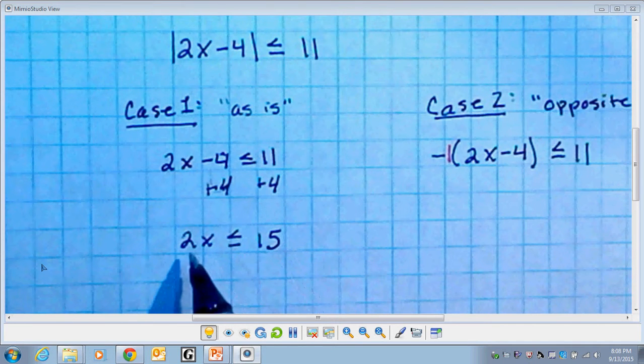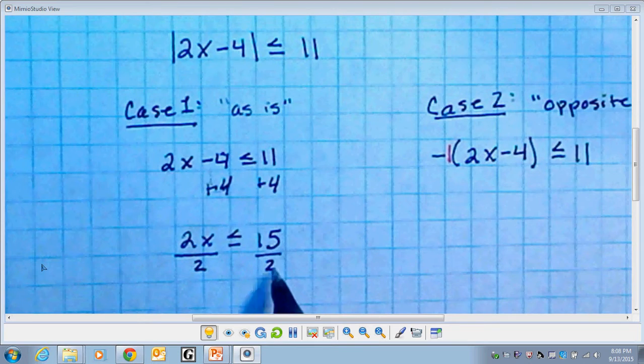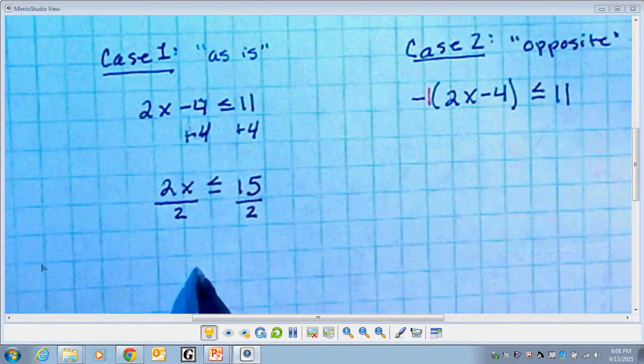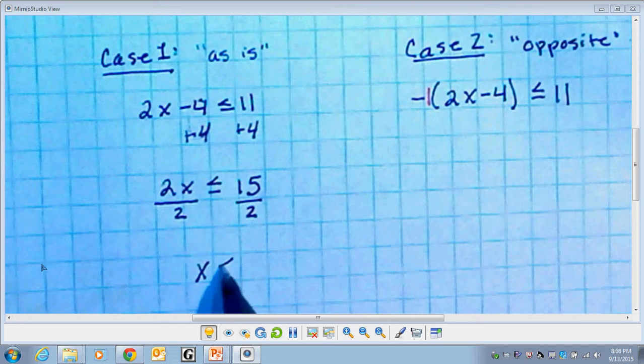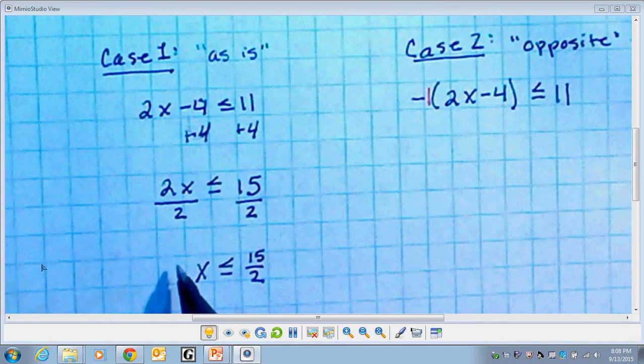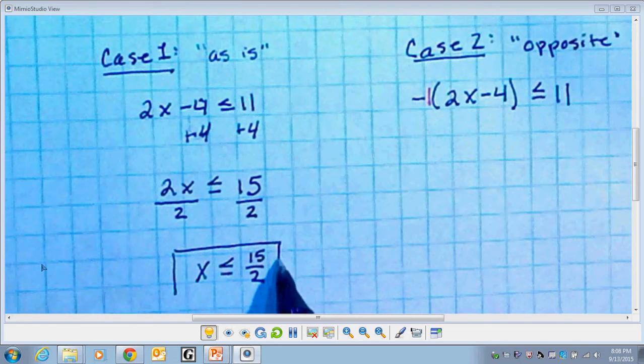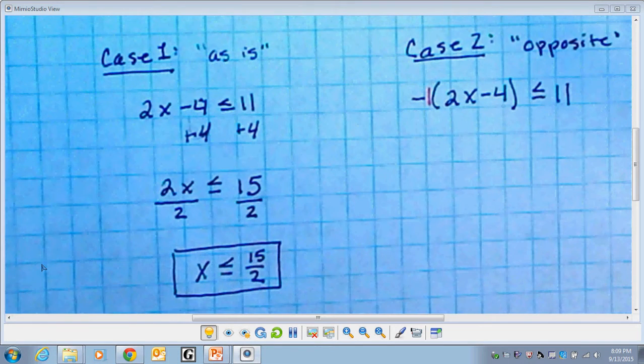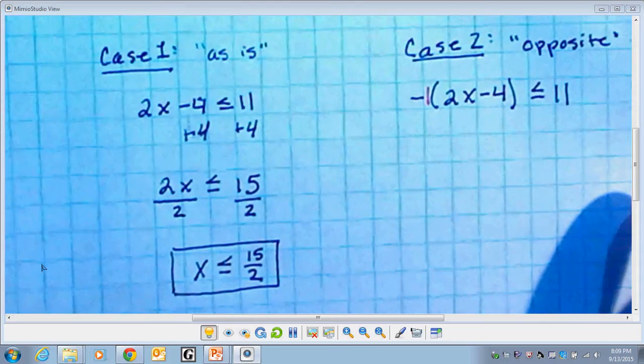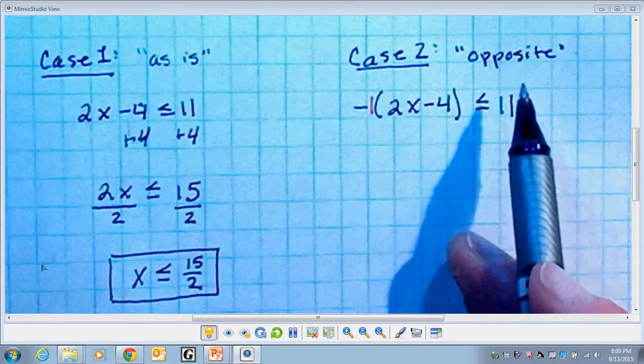Now to get the x by itself, I have to divide both sides of my inequality by 2. So that means I'm going to have x less than or equal to 15 over 2. That's one answer.